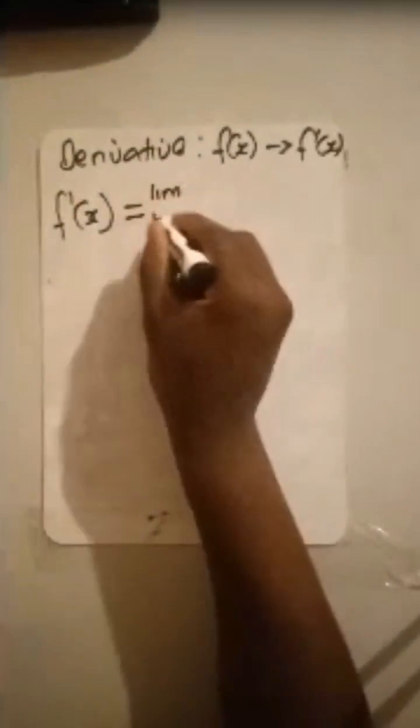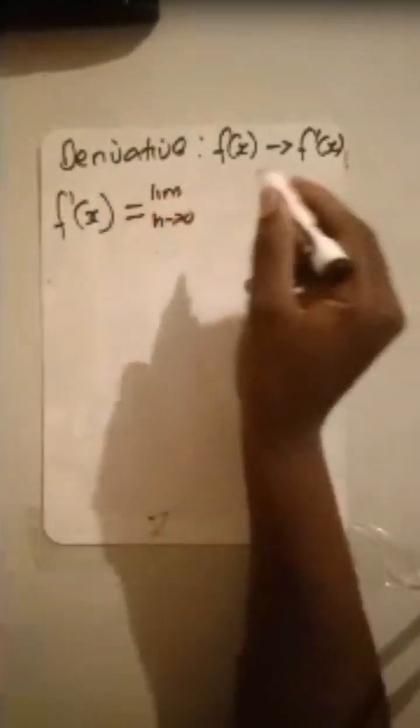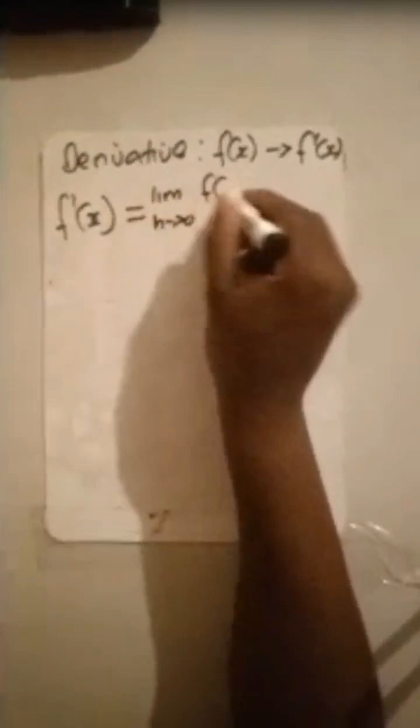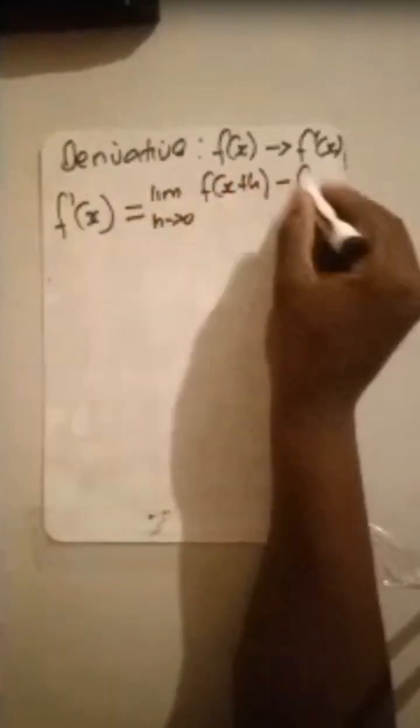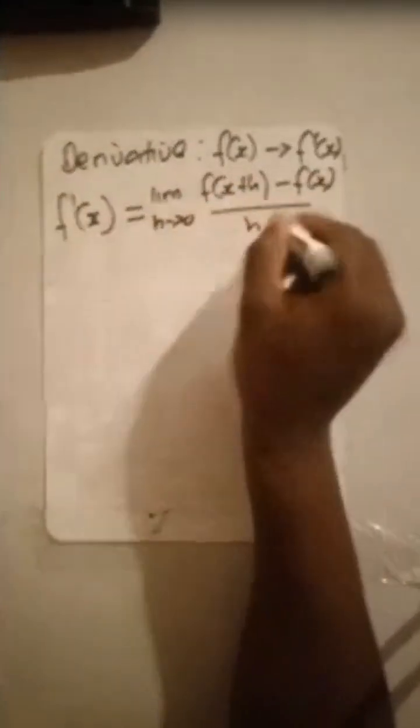So the derivative of f of x is equal to the limit as h tends to 0 of f of x plus h minus f of x over h, right?